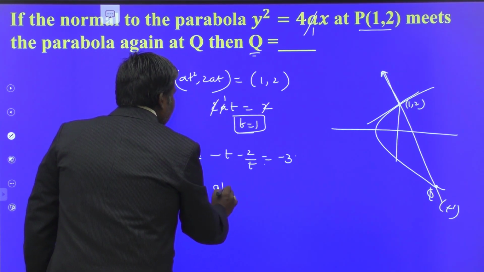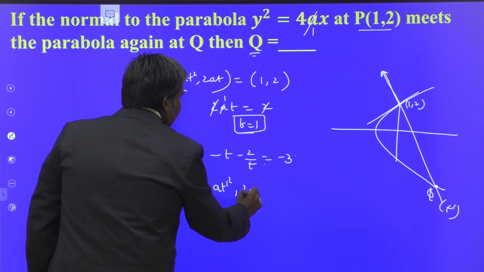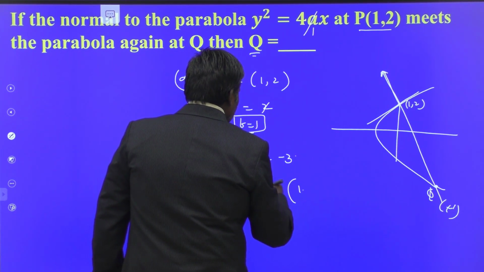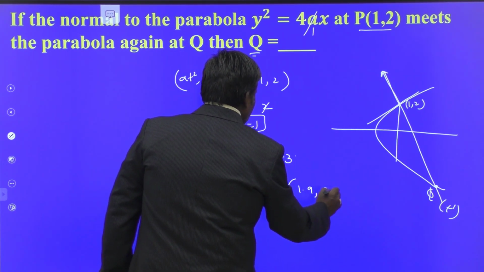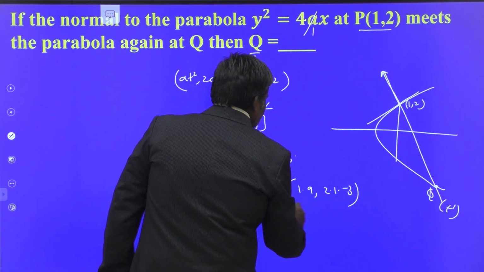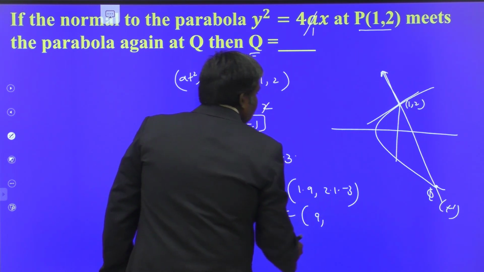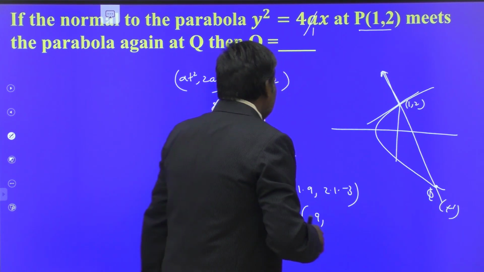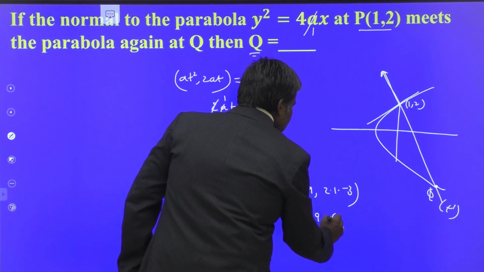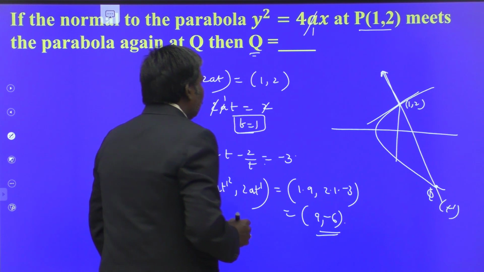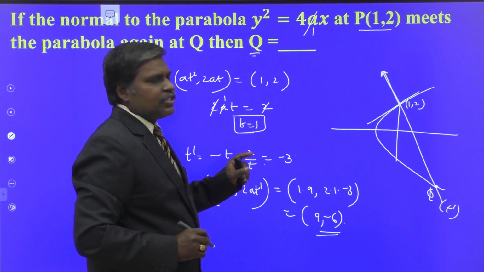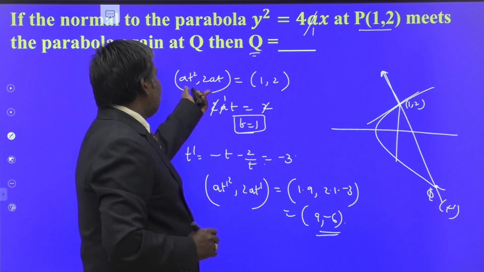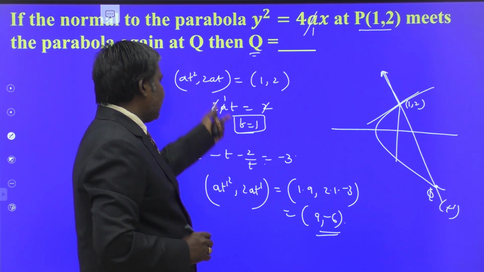So can you write the coordinates or not? (at'², 2at'). That is nothing but, a means 1 here, t'² is 9, comma 2 into 1 into -3. So the coordinates of the point of intersection of the normal at that point to the parabola is (9, -6). This is the way. So find the value of t first of all by equating to the parametric point (at², 2at).